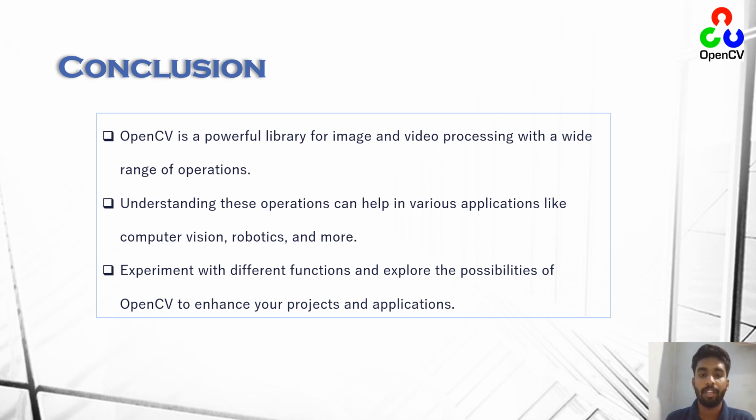OpenCV's features include image and video processing, object detection and recognition, feature detection and matching, camera calibration, machine learning integration, deep learning support, and simple GUI functionalities. Its wide range of capabilities makes it a valuable tool for tasks like image and video processing, object detection and tracking, image stitching and facial recognition, 3D reconstruction, augmented reality, and more.